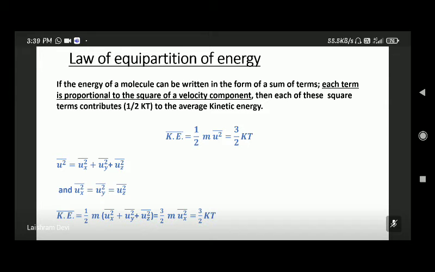Has anybody heard of it? Law of equipartition of energy? Yes, ma'am. Yes, ma'am. What is this?